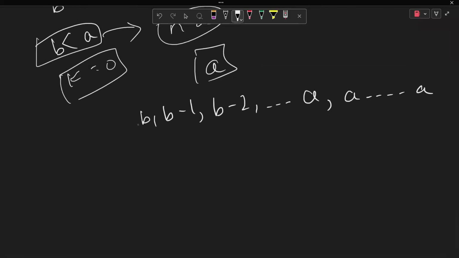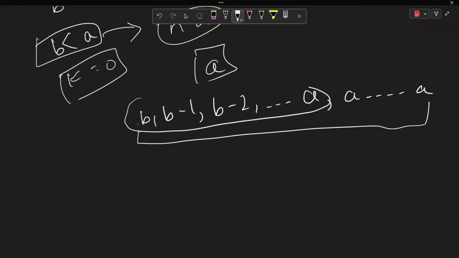Okay. So what would this sum be? Can we calculate this sum? If you look till here, this is the sum of an arithmetic progression.